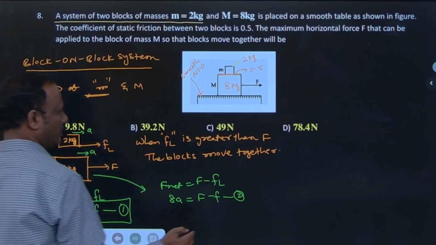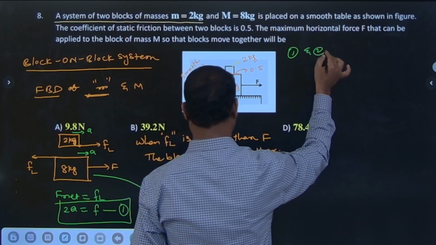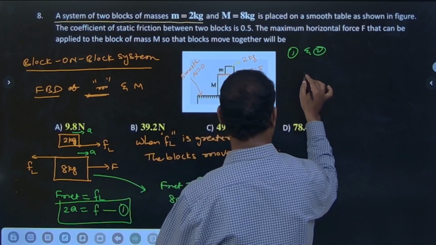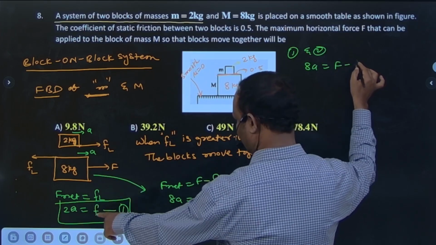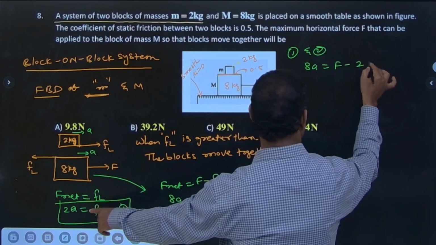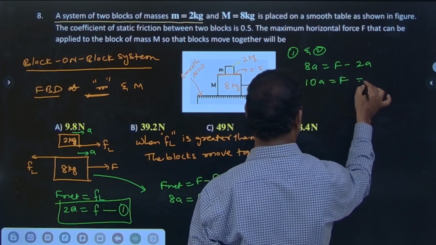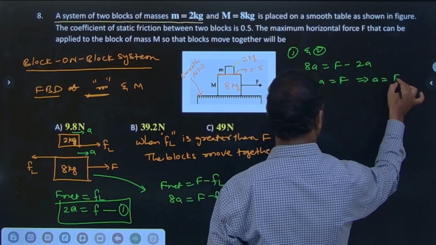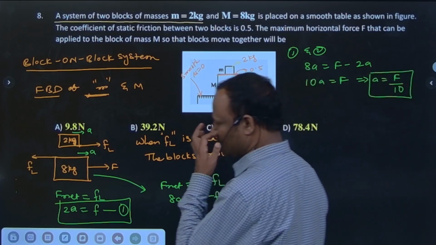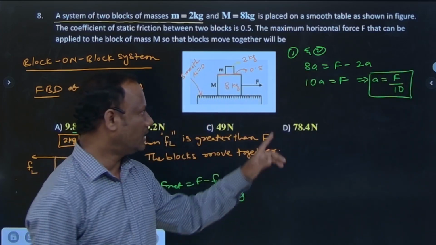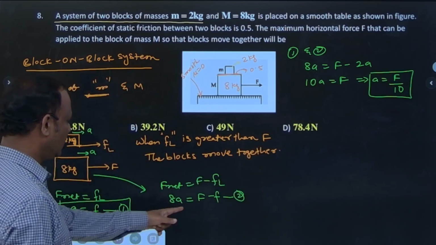From equations 1 and 2, 8A is equal to F minus small f, and small f is 2A, so 10A is equal to capital F. Then A is equal to F by 10. Acceleration A is equal to F by 10, and we can substitute that in any equation.